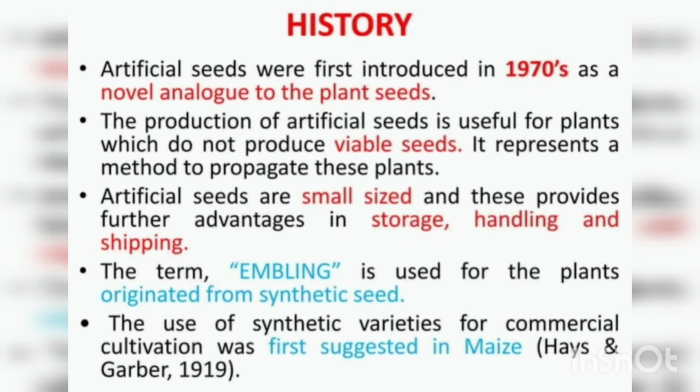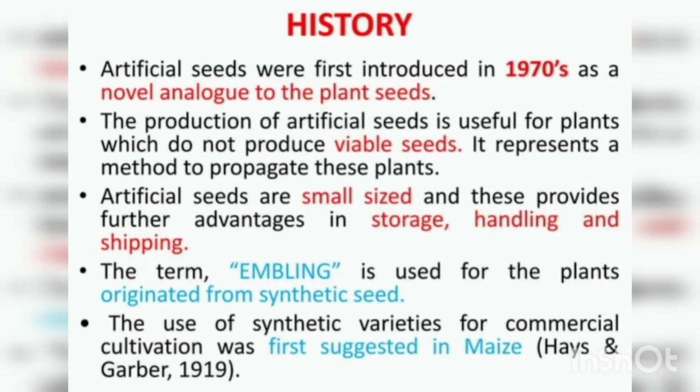Coming to the history of it, artificial seed was first introduced in the 1970s, and it is used for plants which do not produce viable seeds. Artificial seeds are very small in size. They are advantageous because they can be stored for a longer period of time, they are easy to handle, and they can be shipped.